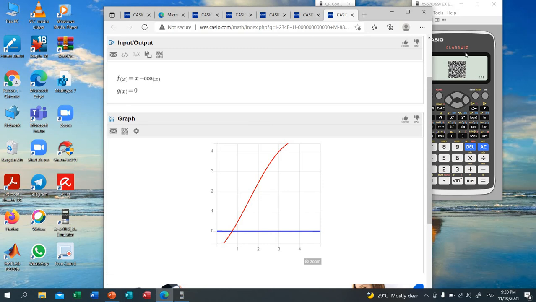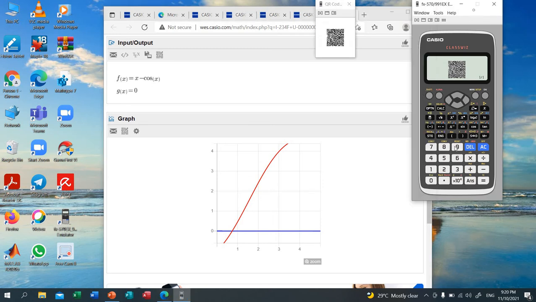Okay, how about using your calculator to solve your nonlinear equation directly? Show you mode 1. So you have, actually in radian mode. Check here, the angle unit, radian, alpha x minus cos alpha x.